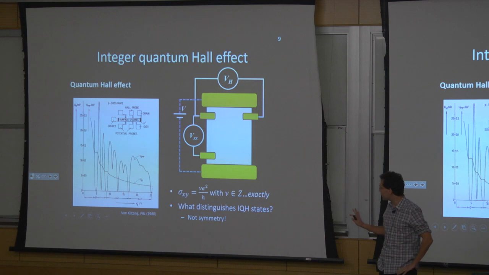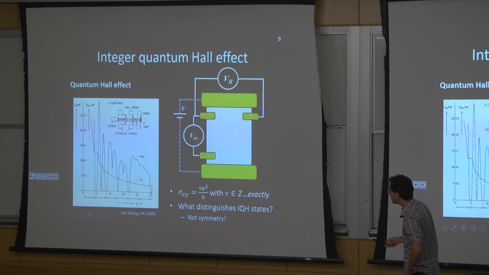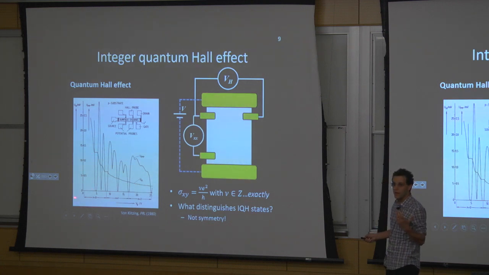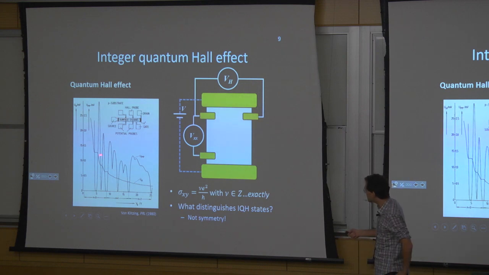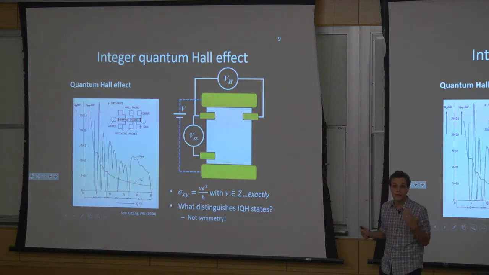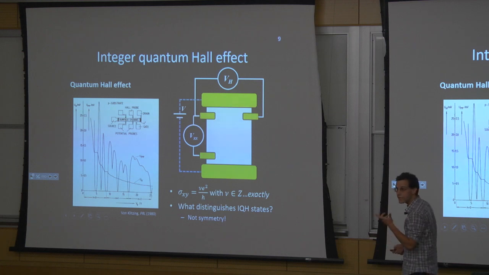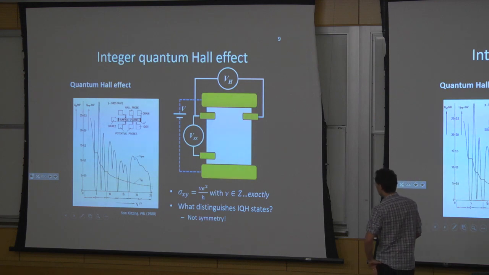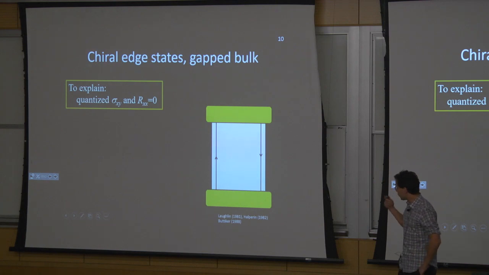To some extent, the field that I'm going to tell you about was really born of this experiment, because there should be something in our idea of a phase that would tell you the difference between being in the state that has Hall conductance e squared over h and the one that has Hall conductance 2e squared over h. But that turns out not to have anything to do with symmetry. And so that's the original grain of a question that gives birth to the idea of topological order ultimately, and topological states of matter in general.